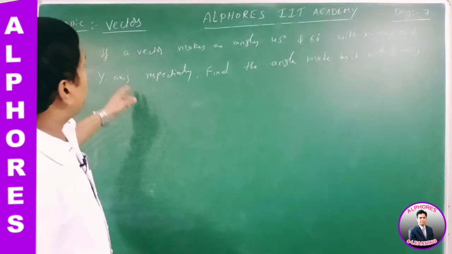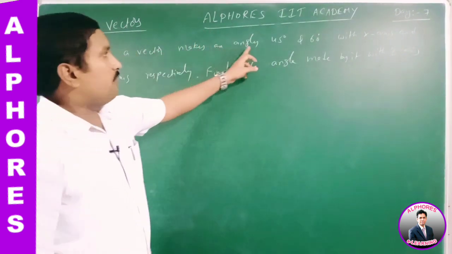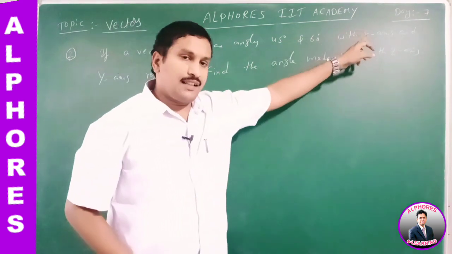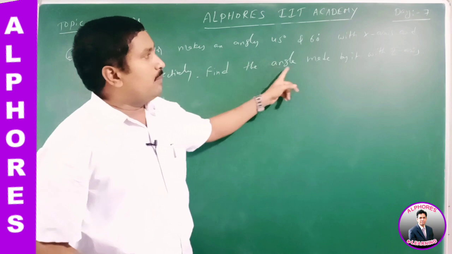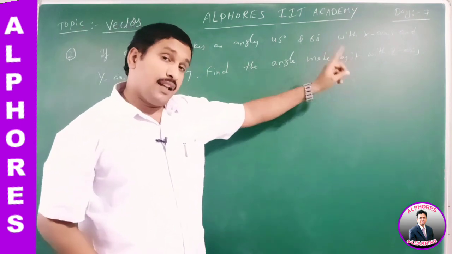So this is the question I am giving. If a vector makes angles 45 degrees and 60 degrees with x-axis and y-axis respectively, find the angle made by the vector with z-axis.